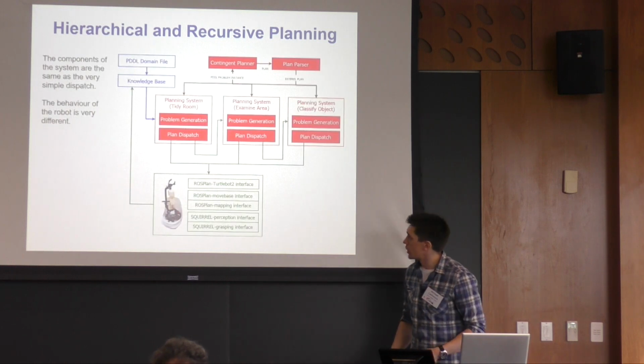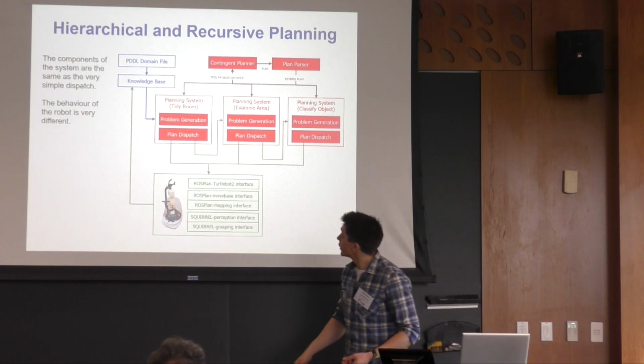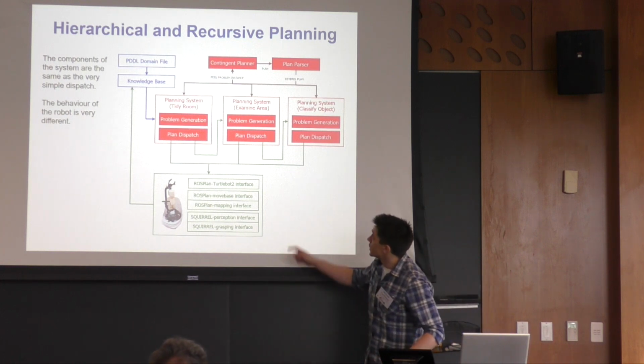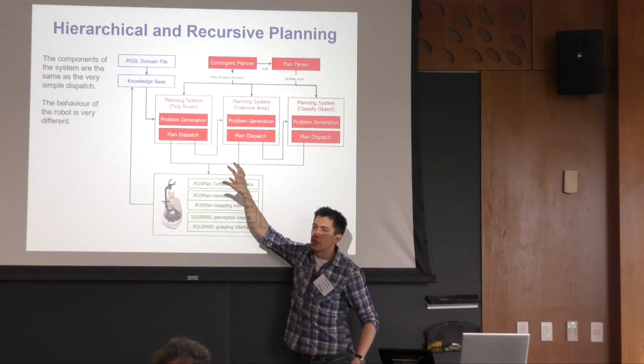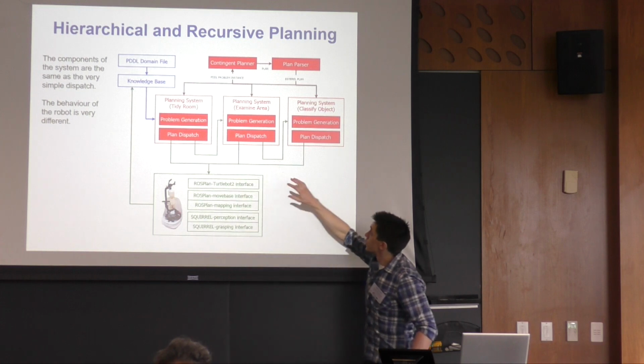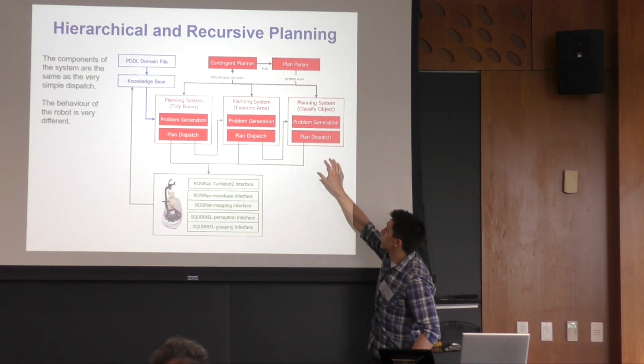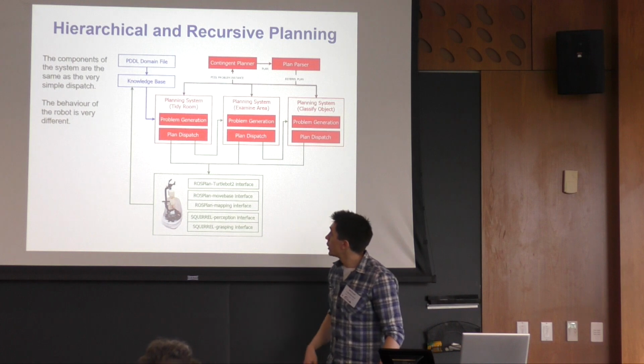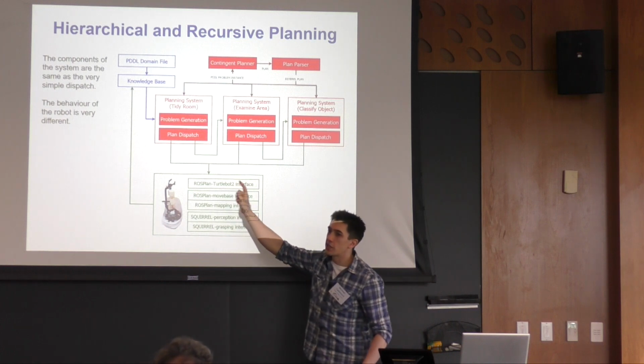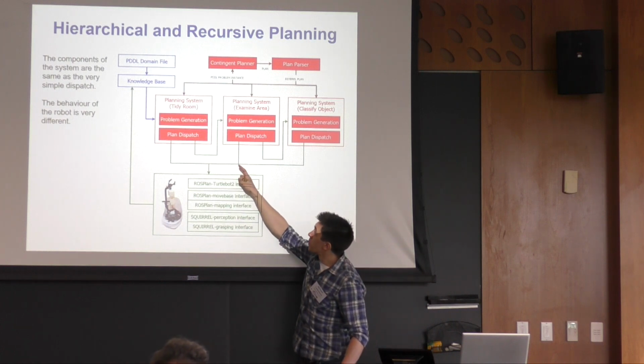This is the system that's built for that. In this case, each one of these hierarchical levels of tidying the room, examining the area, classifying the object, and so on, has its own problem generation and executive.